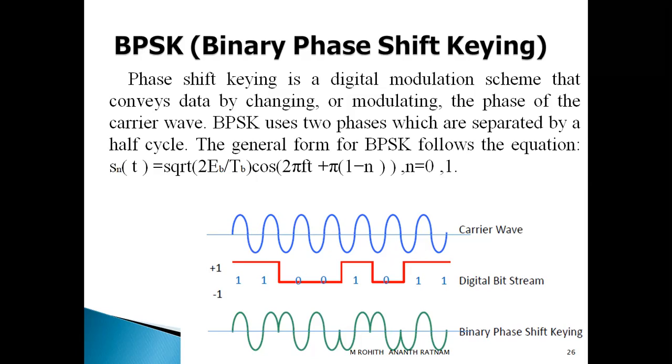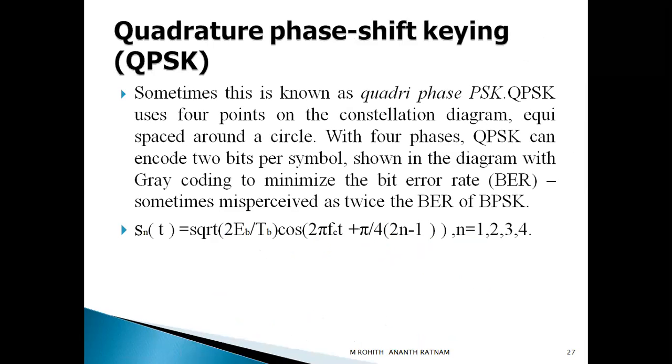In binary phase shift keying, you can see the diagram. If it is one, after one you get one again, no phase shift will happen. But after one, when the other value 0 comes, surely a 180 degree phase shift will happen, right? So this is how binary phase shift keying works.